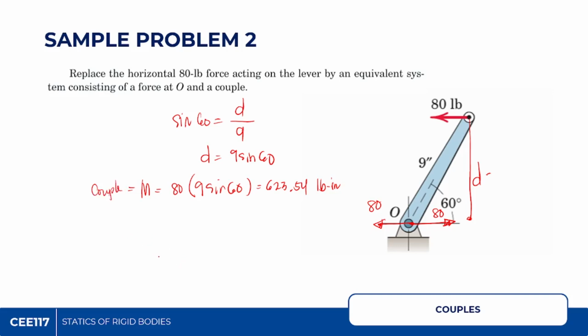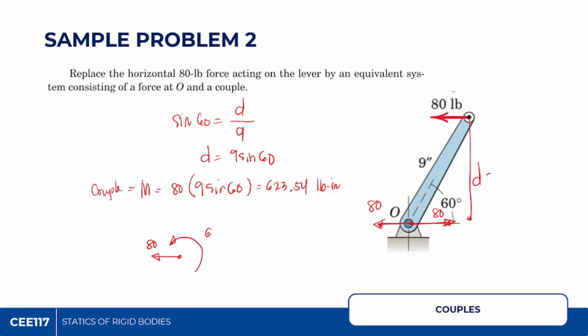Therefore, your answer should be this free body diagram. We were asked to replace it with a force-couple system. You have a force, 80 pound here, and then you have a couple. So, what is the direction of the couple? This is the direction of the couple, based on the original.